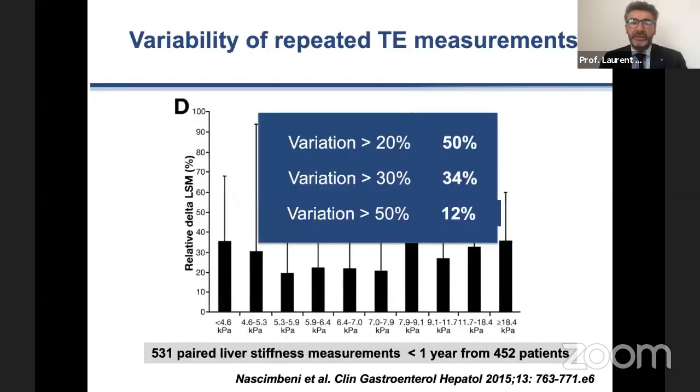These variations were mostly related to the operator, to the probe, and to comorbidity. So this is also another issue in the placebo group: the variability of liver stiffness measurement using transient elastography over time.